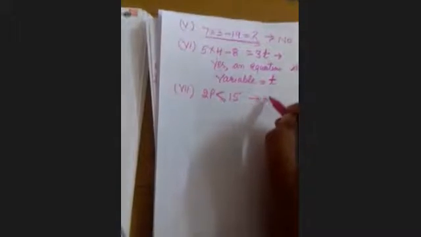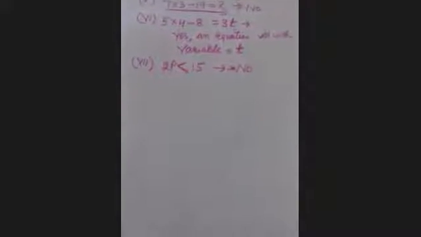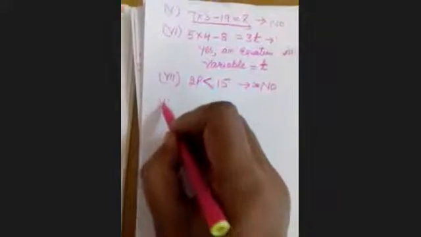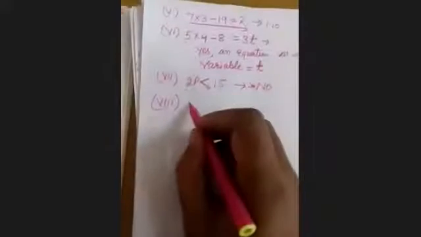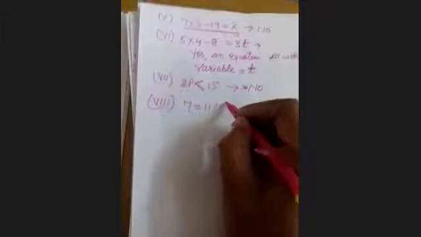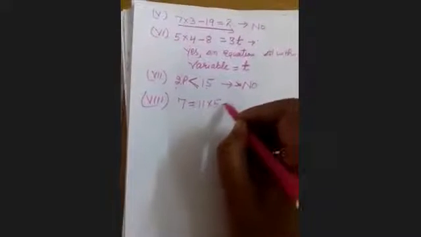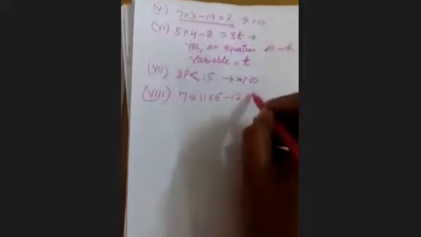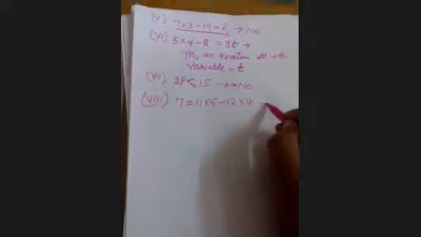Your answer, no. Now next is the eighth part. 7 is equal to 11 multiplied by 5 minus 12 multiplied by 4. Again, your answer is no.